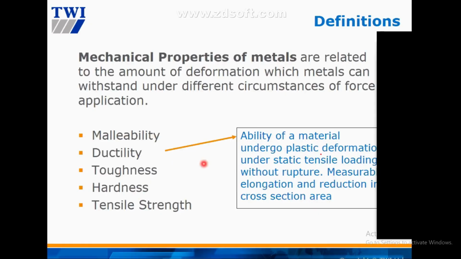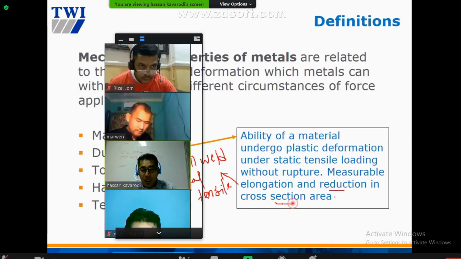All right, ductility: the ability of a material to undergo plastic deformation under static tensile loading without rupture, with measurable elongation. Elongation here is what you get in the all-weld-metal tensile test. And also ductility you may get from reduction in cross-section area.